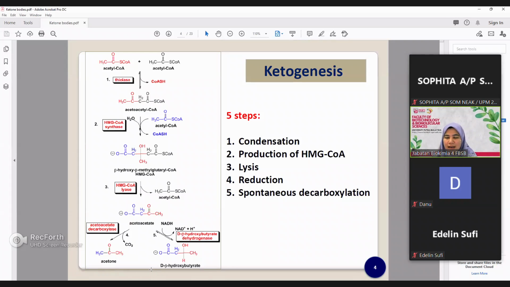So this is the ketogenesis mechanism: how the reaction involves condensation, how acetyl-CoA produces HMG-CoA, and how from HMG-CoA we get these three ketone bodies.